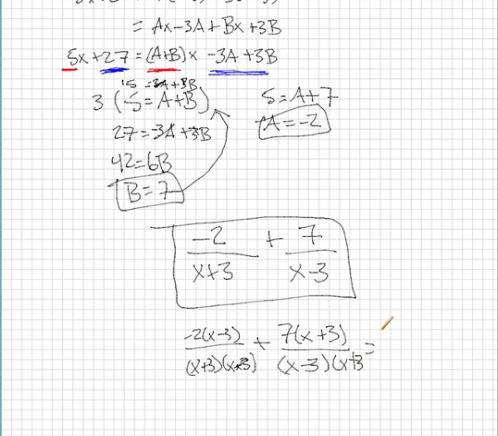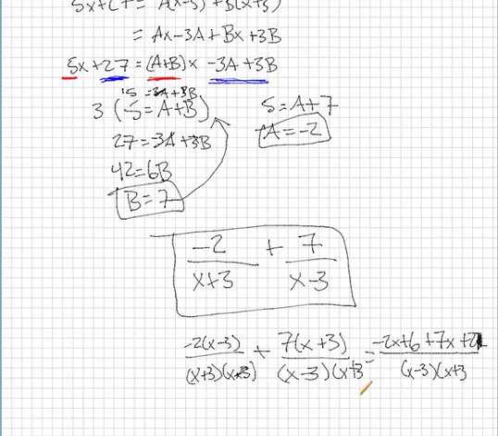So what we get is, I'm going to FOIL these out. So negative 2x plus 6 plus 7x plus 21, I'm sorry, all over x minus 3, x plus 3.